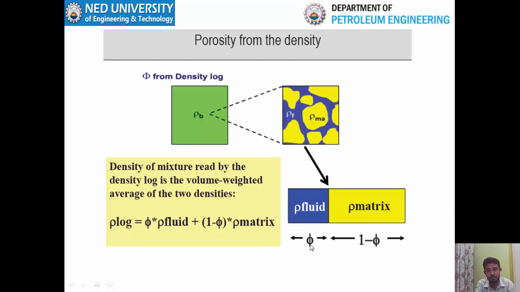So if porosity is 10%, then 10% of the system is occupied by the fluid, and the remaining 1 minus porosity, which is 90% of the system, is occupied by your matrix. So this is the formula to estimate the average density of this two-component system.